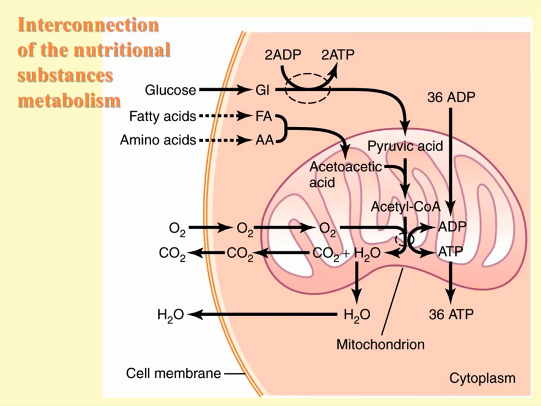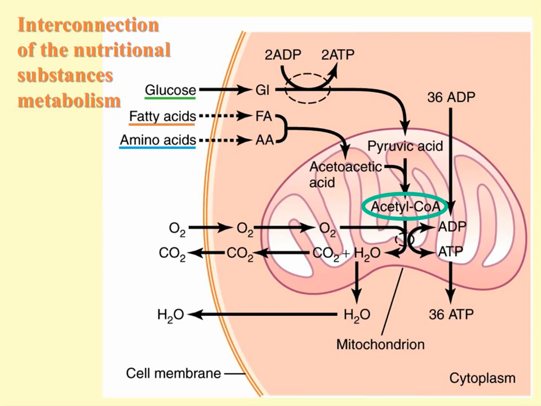Let's recall the interconnections between the different substances' metabolism. Look, from the biochemistry course, you know it well, I believe, that glucose, fatty acids, amino acids finally enter the same cycle. Pyruvic acid is formed out of glucose, or acetoacetic acid from fatty acids and amino acids.